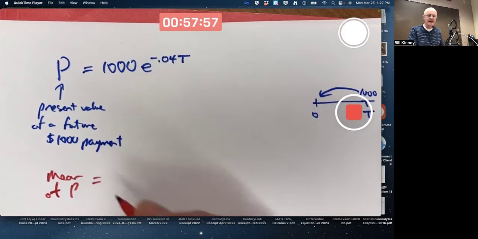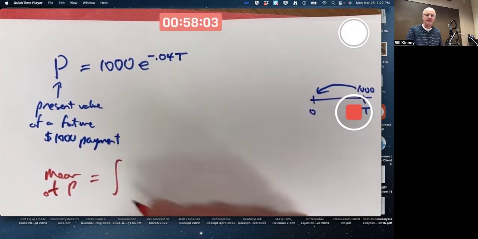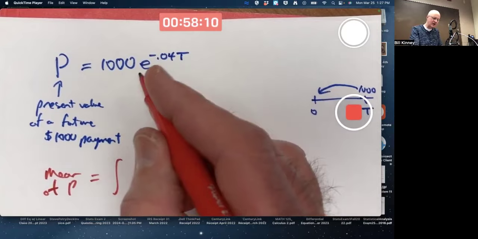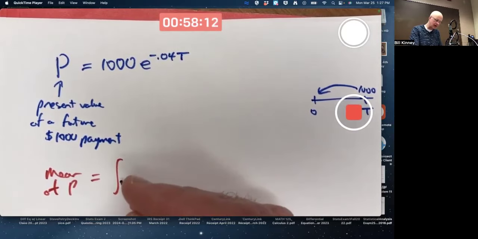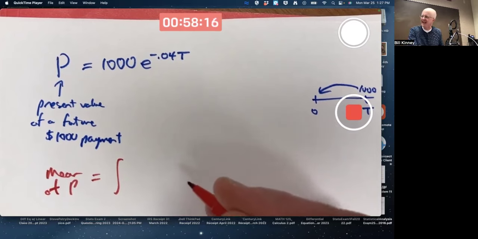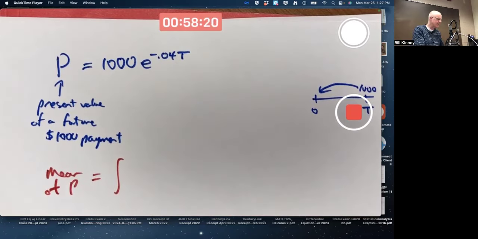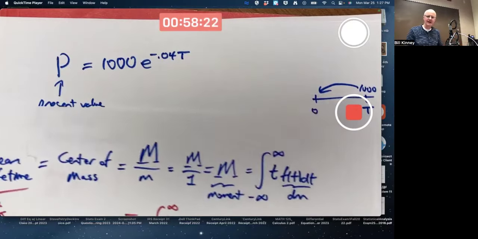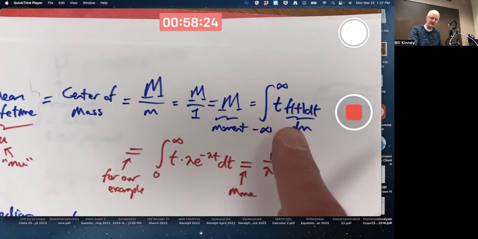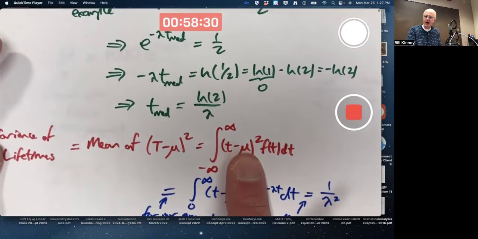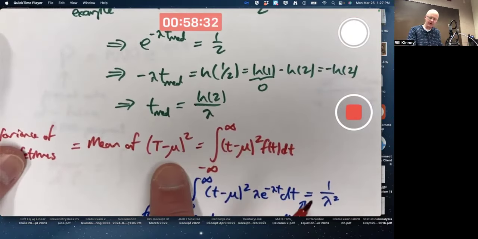The mean of P can be found as an integral of this function of capital T, though I'll use a lowercase t down here, times the PDF of T itself. That's analogous to what we did before, right? Integrate t times the PDF to find the mean of T. Integrate t minus mu squared times f of t to find the mean of T minus mu squared.